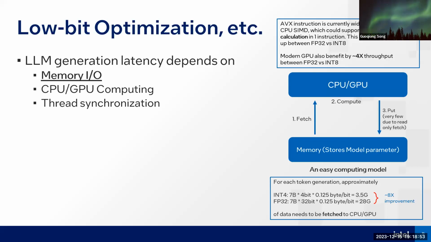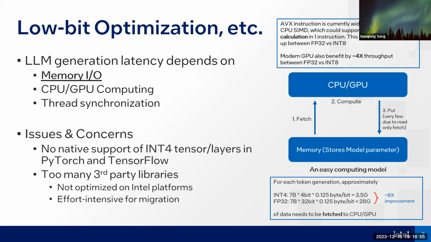Okay. Besides this one, for NVIDIA's chips, for the A100 and a lot of other chips, there's some int4 or int8 support, but there's no native support of int4 tensors or layers in PyTorch or TensorFlow, at least currently. In the meantime, there are many third-party libraries, but they are not optimized on Intel platforms.